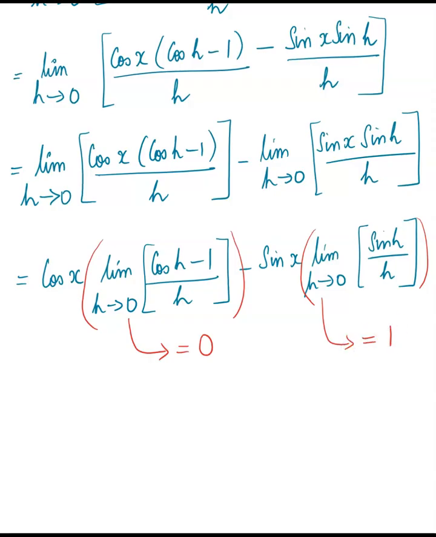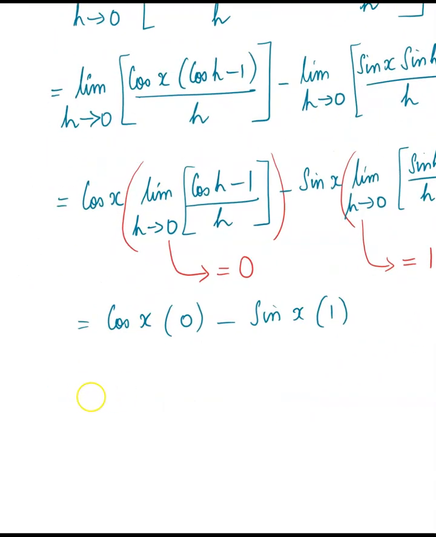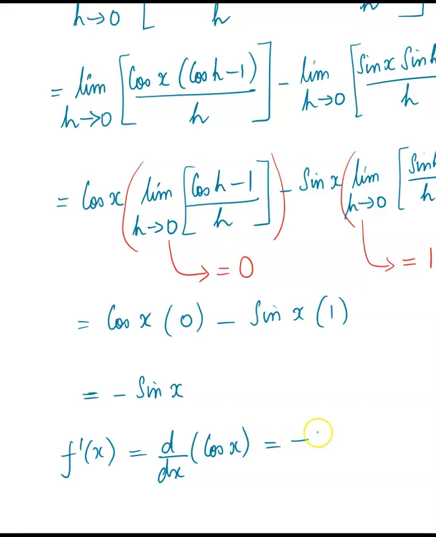And so if you just apply that, you get cosine x times 0 minus sine x times 1. So this simply gives us negative sine x. Thus, we have proved that the derivative of cosine x comes out to be negative sine x. Thus proved.